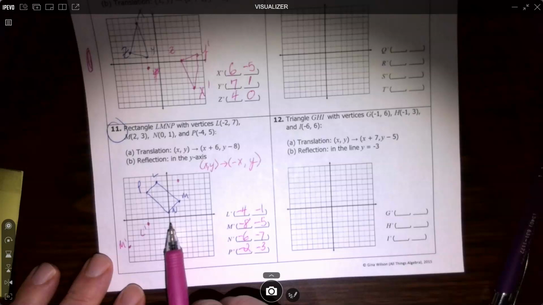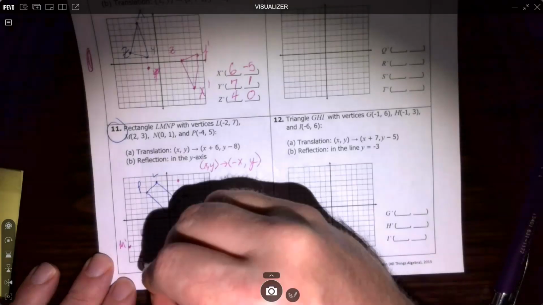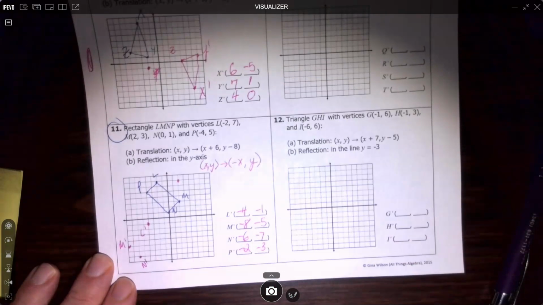Then negative 6. Negative 6 is here, and then negative 7. Negative 7 is here. Okay, so that's N. And then negative 2, negative 3 is right there, and that's P prime.